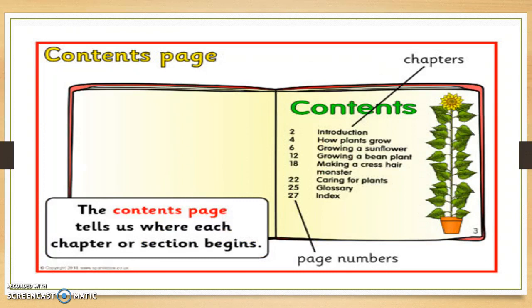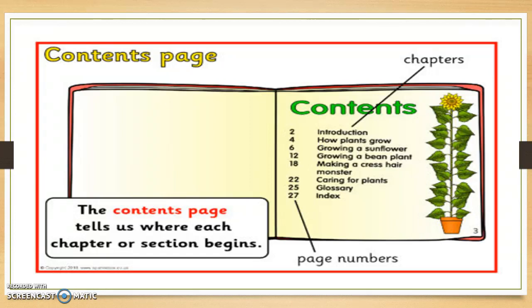Inside a non-fiction book, we find a contents page. The contents page tells us what is in the book and where to find them. This one here shows us that on page 2 we have an introduction. Page 4 talks about how the plant grows, and page 6 is growing of a sunflower.